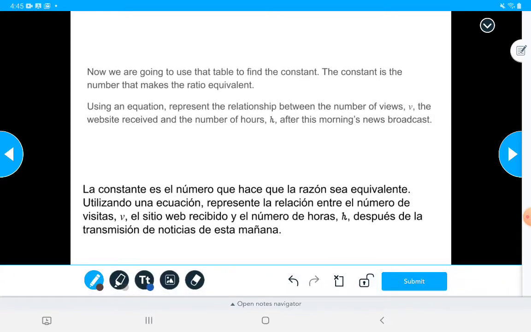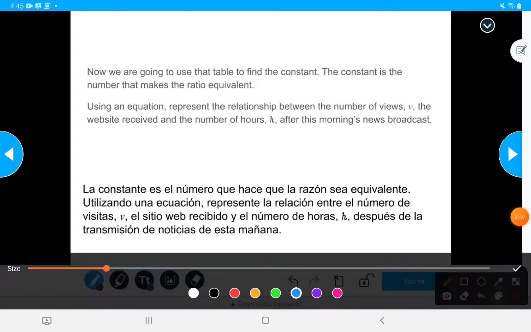In our situation, the number of views is V, the number of hours is H. And we knew that V, however many views it was, times 12 was going to get us to the number of hours it was.